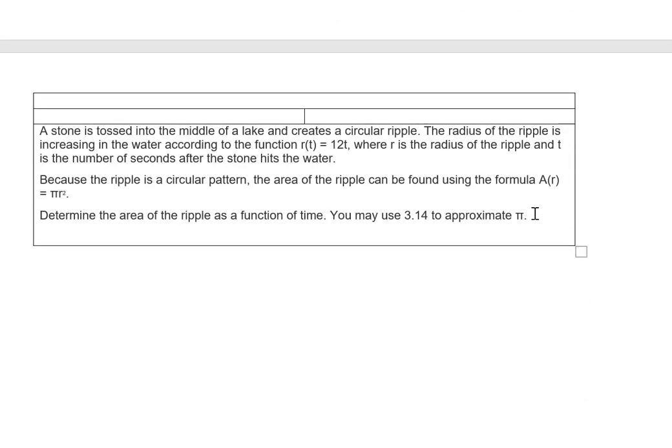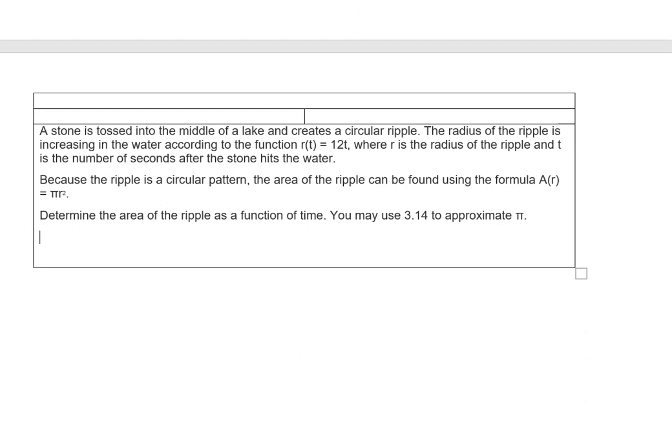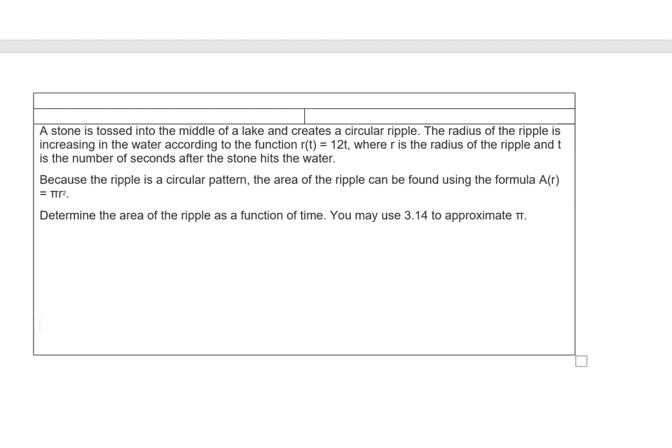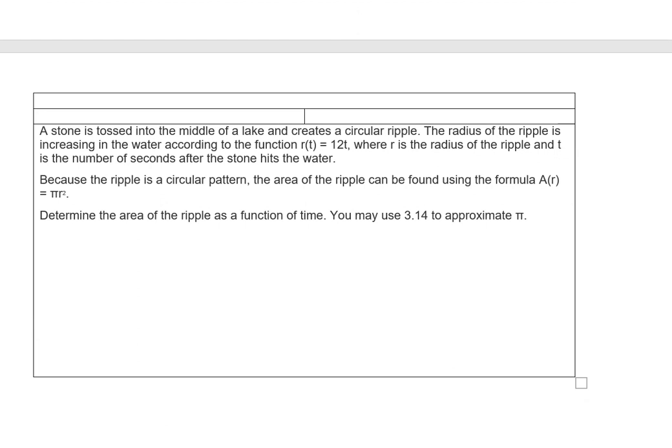Another example we could use is where a stone is tossed into the middle of a lake and creates a circular ripple. The radius of the ripple is increasing in the water according to the function R of T equals 12T.